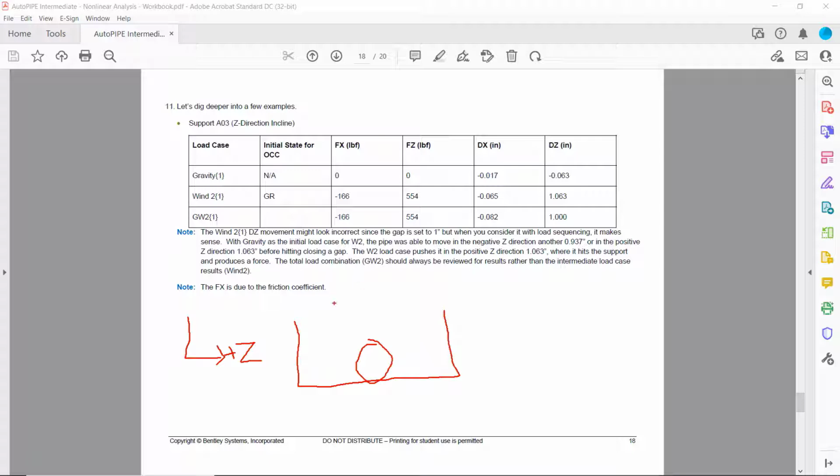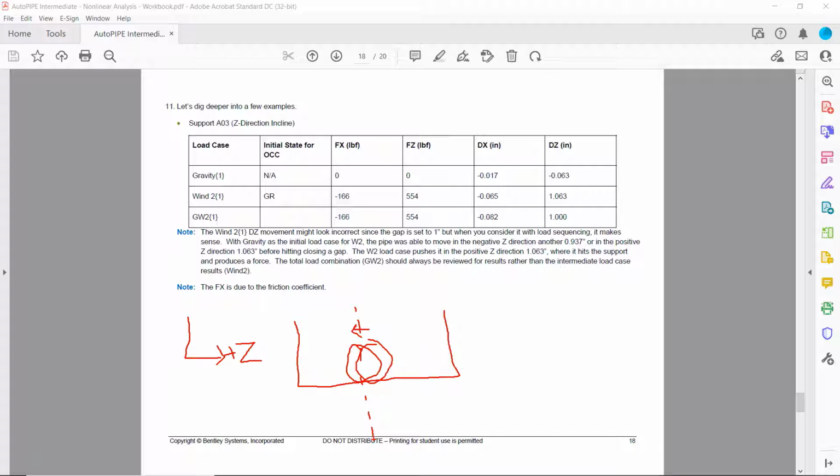In the gravity case, the pipe moves a very tiny bit in the negative Z direction to right around here, let's say, negative 0.063 inches. So this becomes the initial state for the wind case.